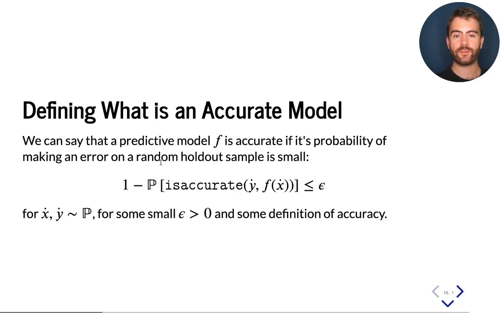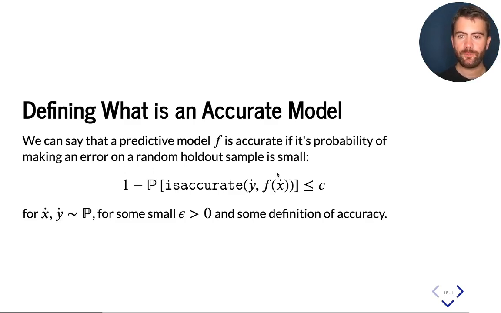So in other words, we can formally define what it means for a model to be accurate using the following definition. We're going to say that this predictive model is accurate if its probability of making an error on a random holdout sample is small. So its probability of being inaccurate on a random sample is small.